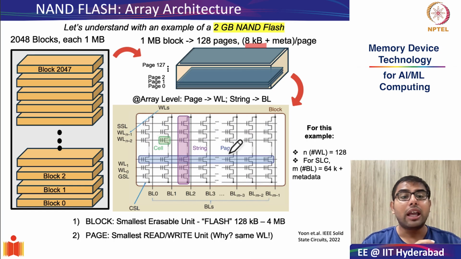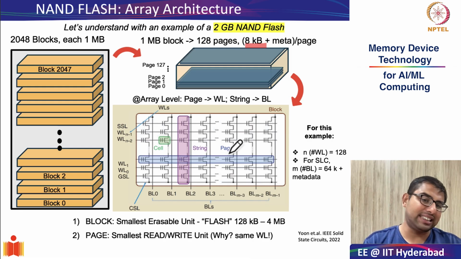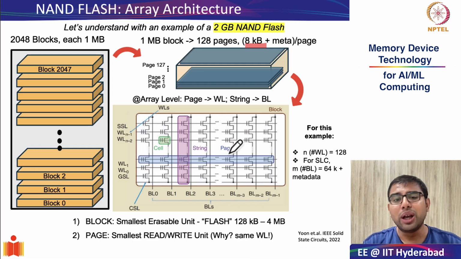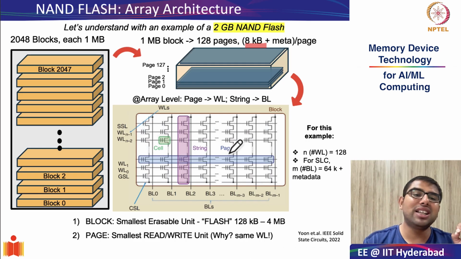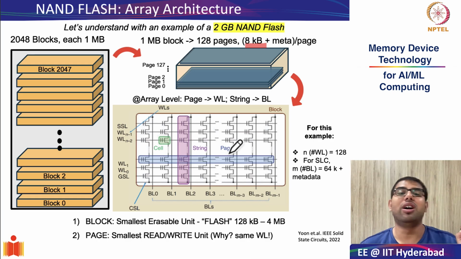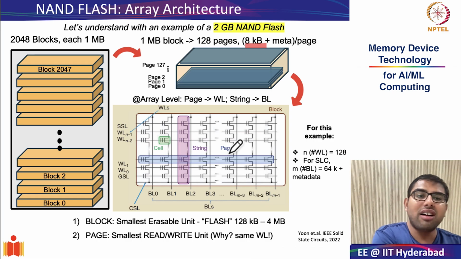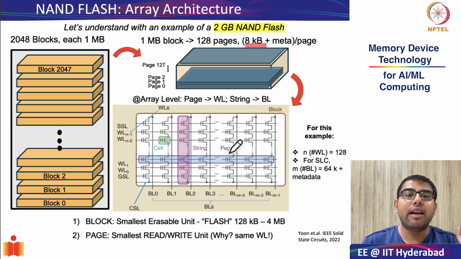The second important element is a page. What is the page? The page is the smallest read-write unit possible in a NAND flash. And this is not very difficult to understand. This is the case because one particular page constitutes an entire word line. So when you program and read out data, it happens at the level of the page.